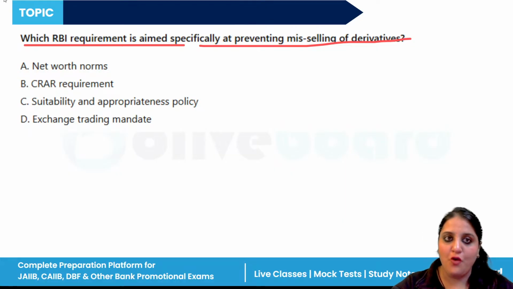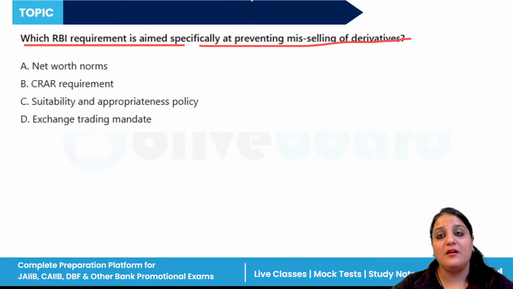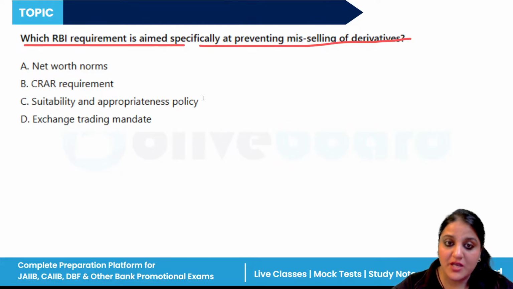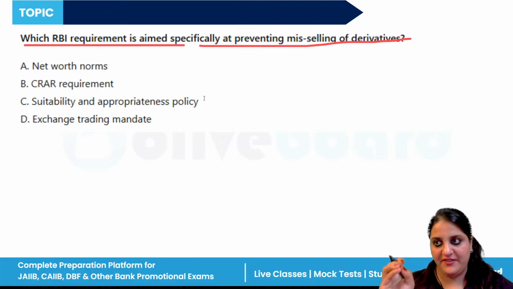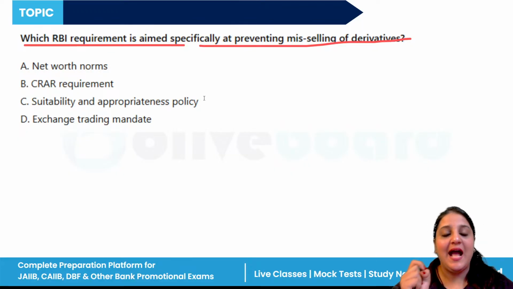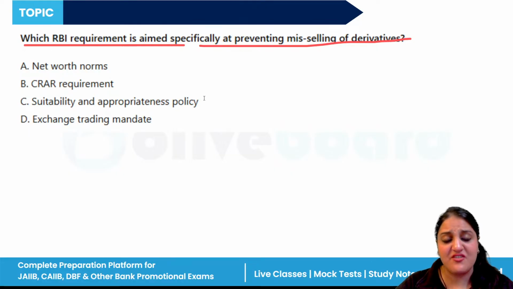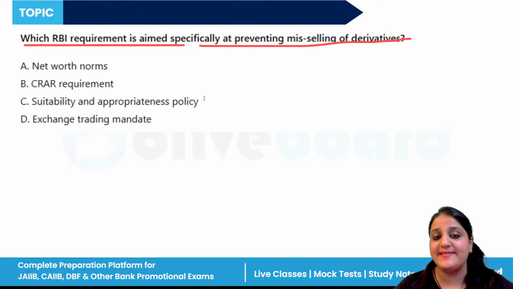The common types of derivatives are forward, future, option, swap. Forwards are customized, non-standardized contracts between parties traded over the counter. Futures are standardized contracts traded on exchanges to buy or sell an asset at a fixed price on a future date.